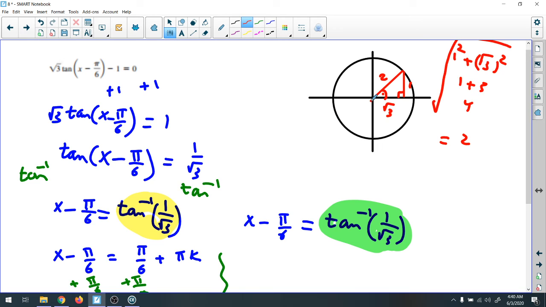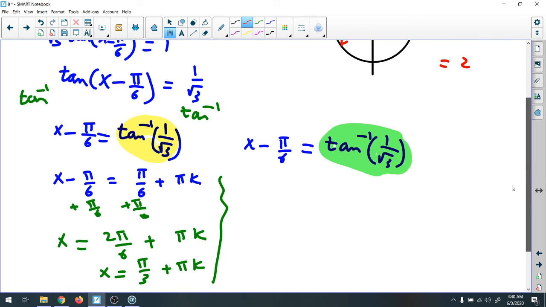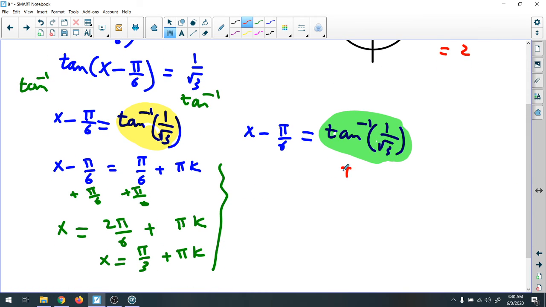And as we learned in previous videos, that will be 180 degrees, or pi, plus the angle that we have, which is 30 degrees. So this will be pi plus pi over 6, our angle. Pi over 6 plus pi, the order doesn't matter.